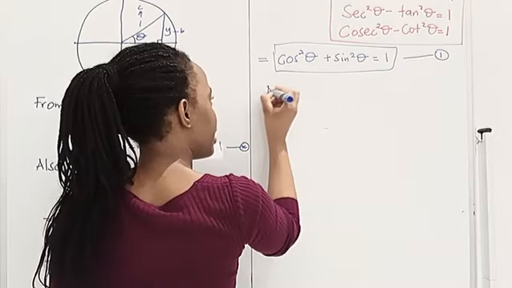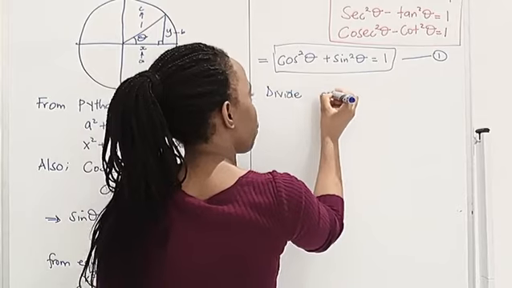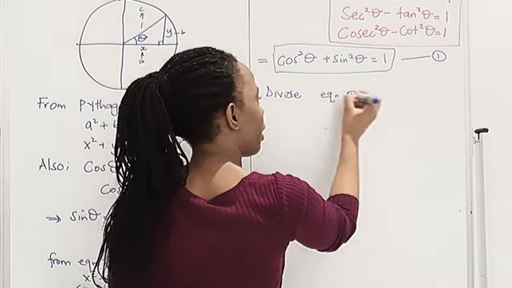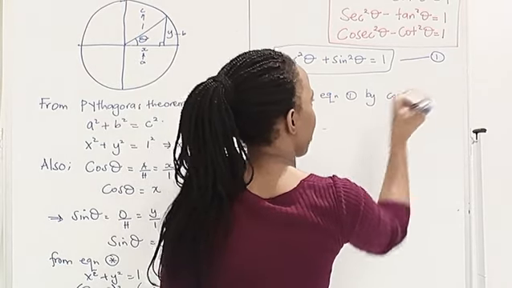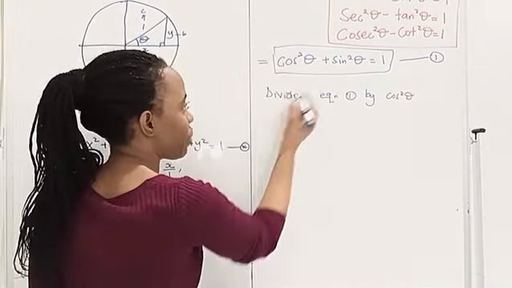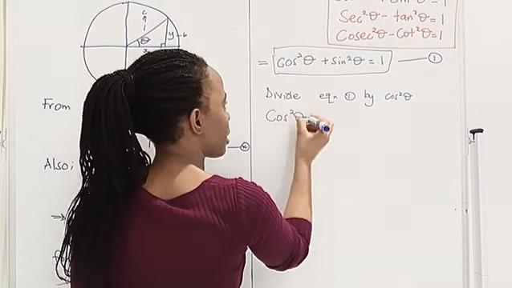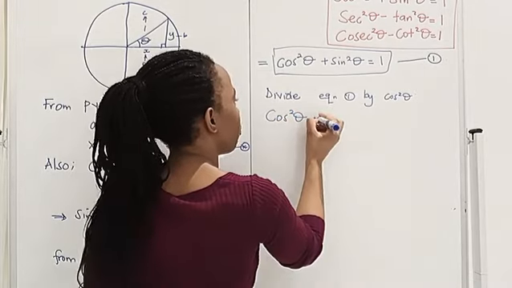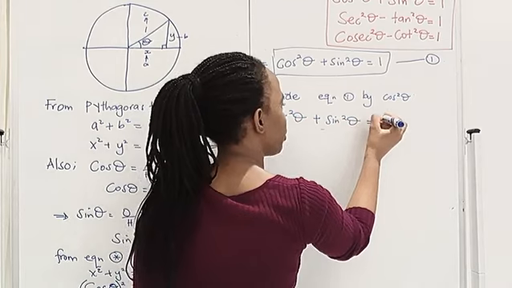Then we say, now divide equation 1 by cos squared theta. Okay, and we have my equation 1, the original equation, cos squared theta plus sine squared theta equaling to 1.